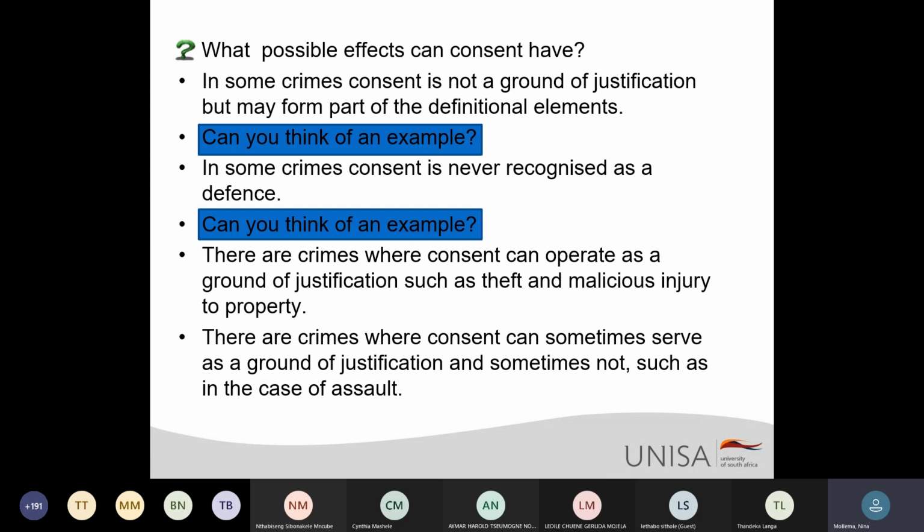Consent forms part of the definitional elements. In other crimes, consent is never recognized as a defense. Here, for example, we can think of murder. You cannot consent to being murdered. I think that Mr. Ramosa mentioned the Stransham-Ford case, which had to do with mercy killing or physician-assisted euthanasia.